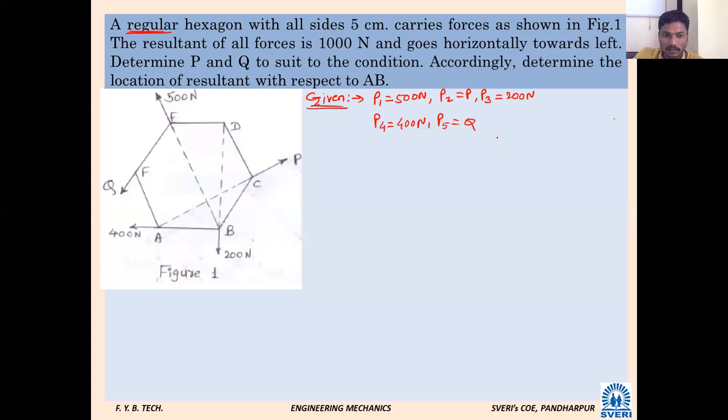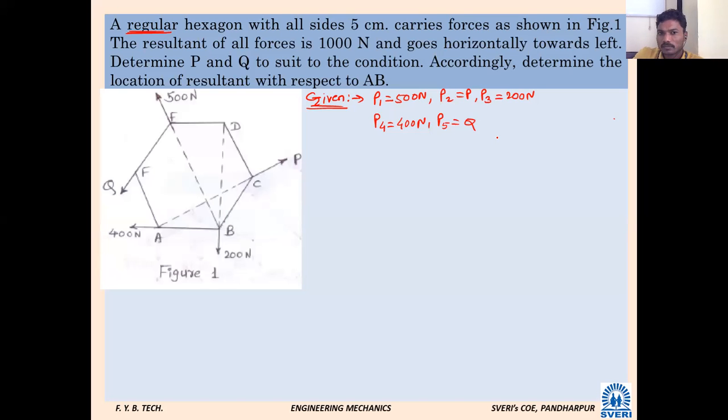Now, the most challenging thing in this: what is the nature or description of the resultant given in this problem? Read the problem statement and tell me what is given related to the resultant. Horizontal towards left.